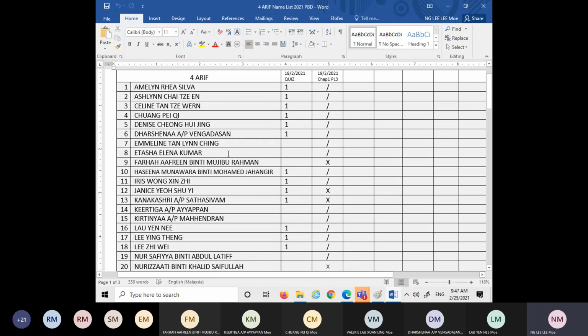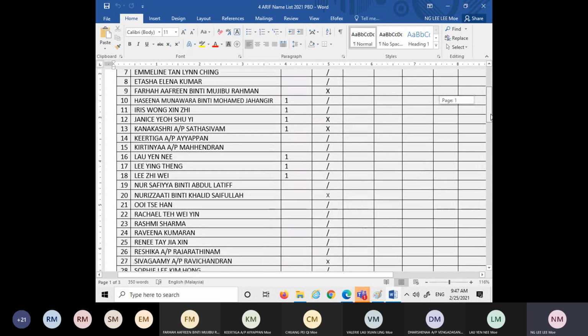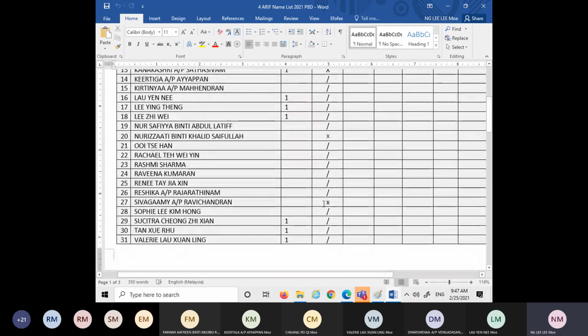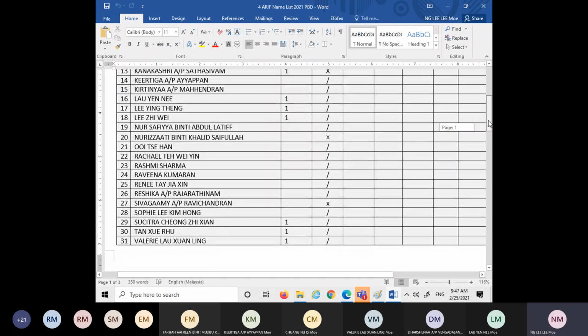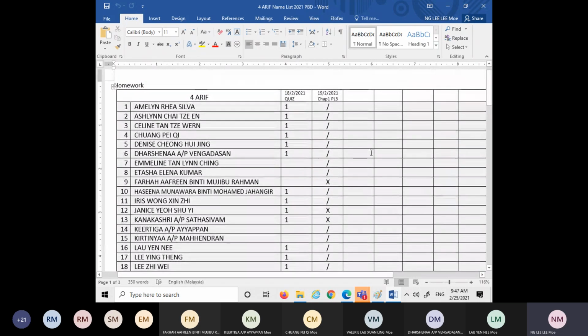So Farha, Janice, Kanakasri, Noizati, and one more girl here is Sivagami. Okay, Emmeline.